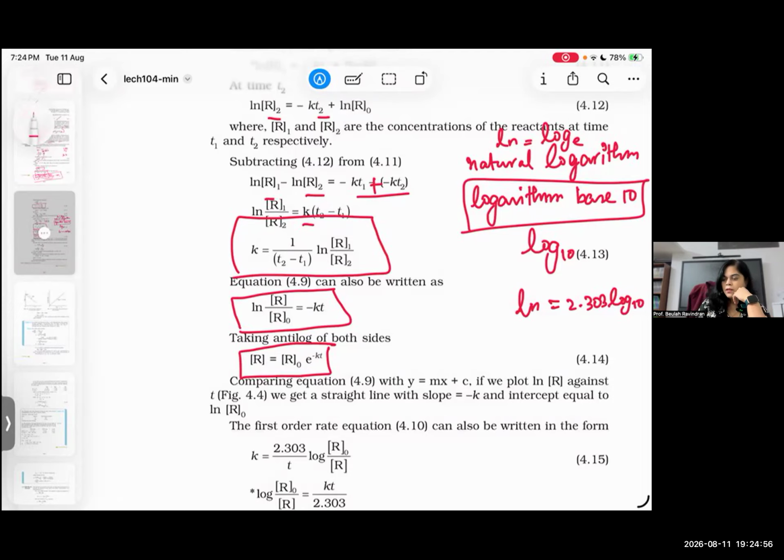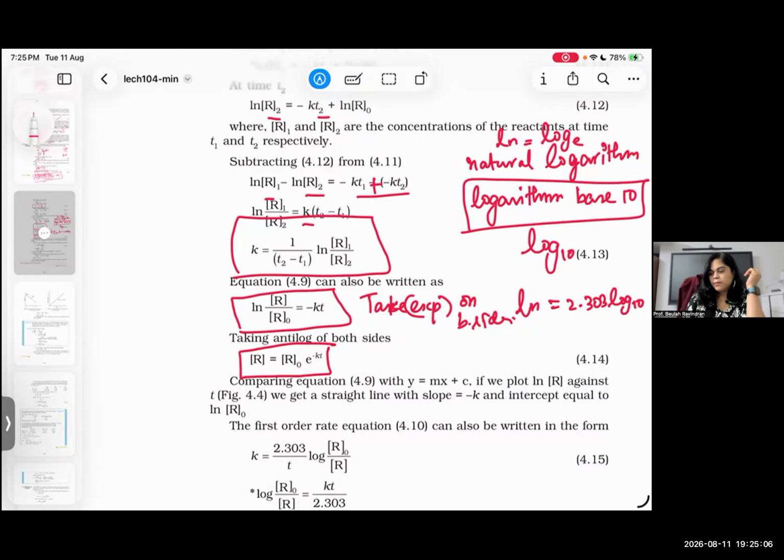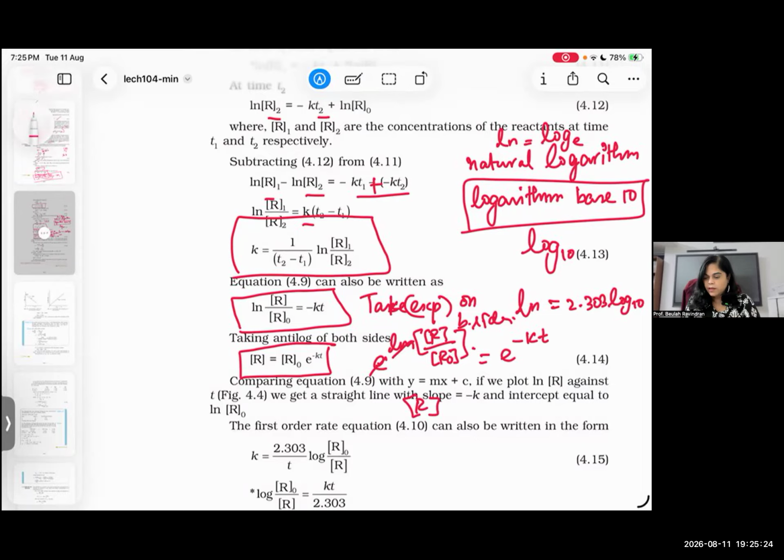So if you take the exponential on both sides, it will be e power ln of concentration R by concentration R naught equal to e power minus kt, right? So e and ln get cancelled. Then what is the result? R concentration by R naught concentration is equal to e power minus kt. Bring this R naught here, so it leads to this equation.